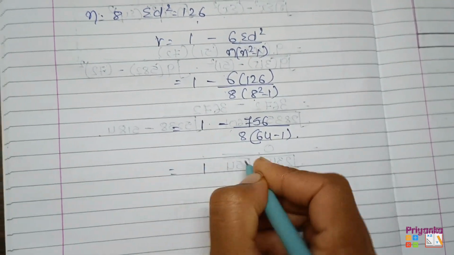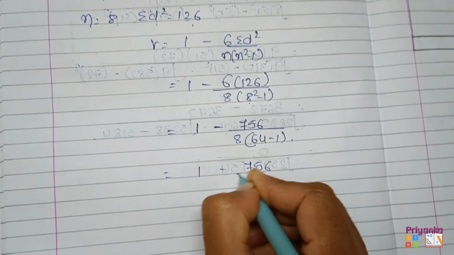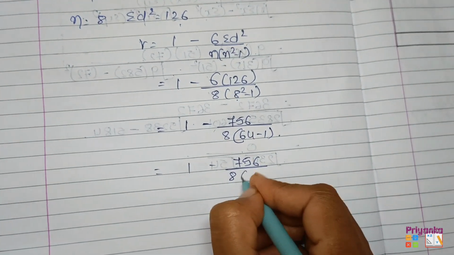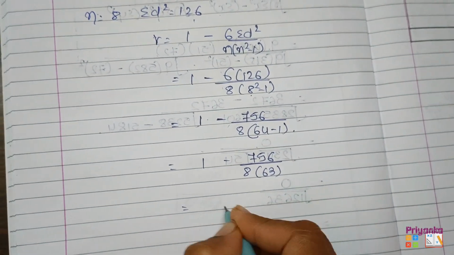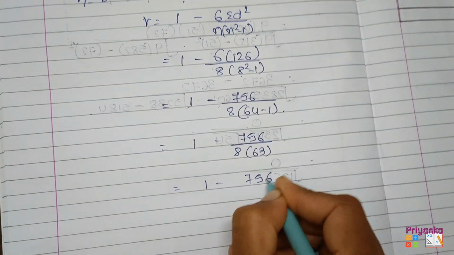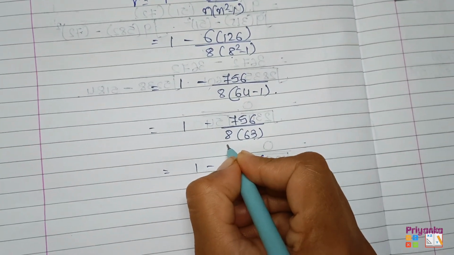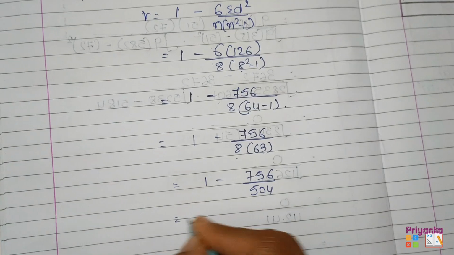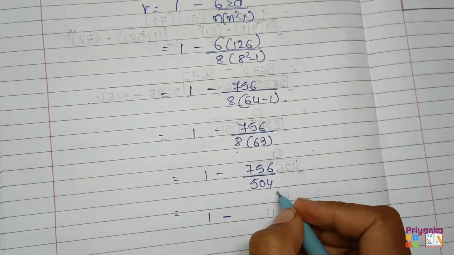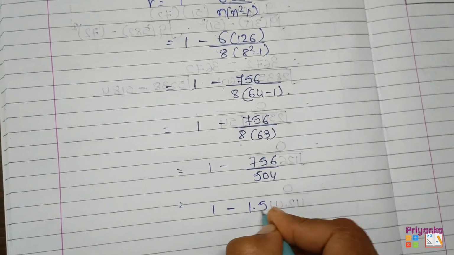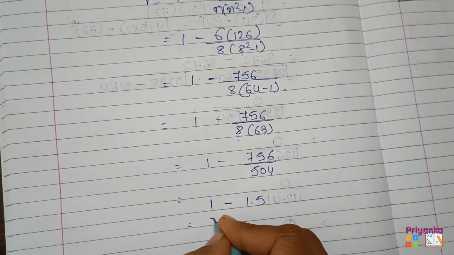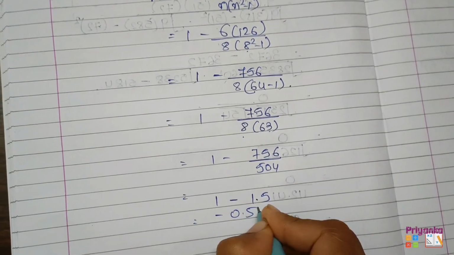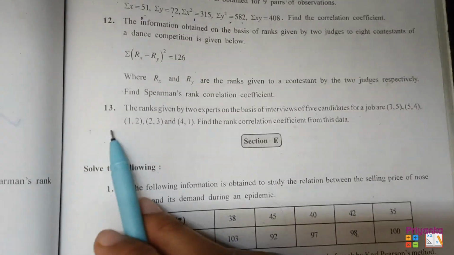Next, 1 minus 756 upon 8 into 63, since 64 minus 1 is 63. 63 multiplied by 8, we get 504. First remove the calculation of this: 1 minus 1.5, and we get the answer minus 0.5. That's it. Moving to the next, 13.